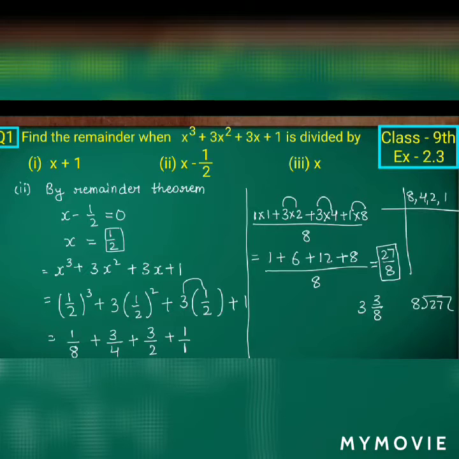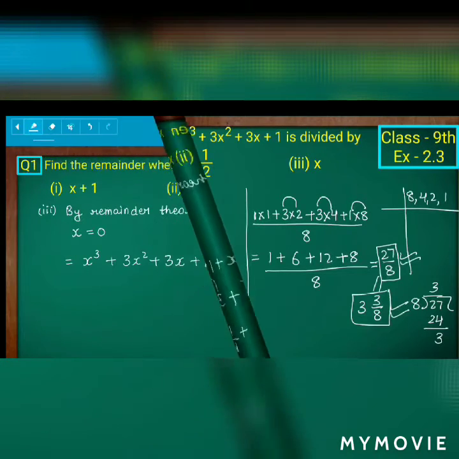Since 27 by 8 is an improper fraction, we keep it as a mixed fraction by taking the division method. So 8 threes are 24, 24 plus 3 is 27 by 8, isn't it? We know that remainder, quotient by divisor will give the mixed fraction, isn't it?